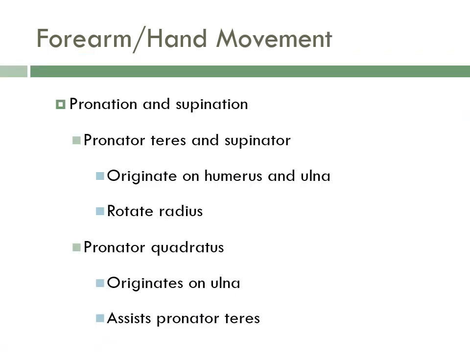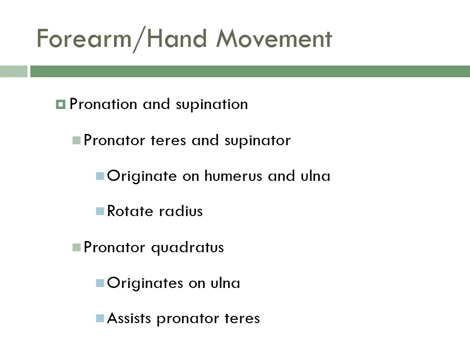We have muscles that pronate and supinate. So pronator teres and supinator originate on the humerus and the ulna, and they help to rotate the radius. Pronator quadratus originates on the ulna, and it assists the pronator teres.